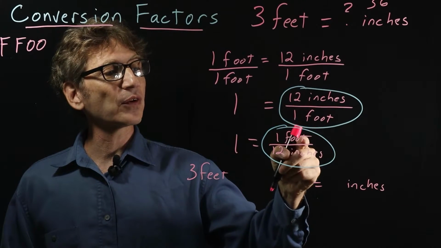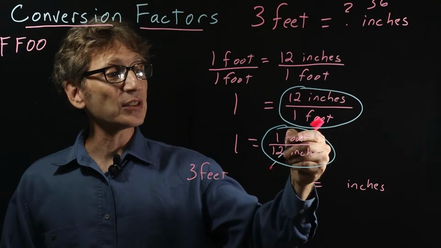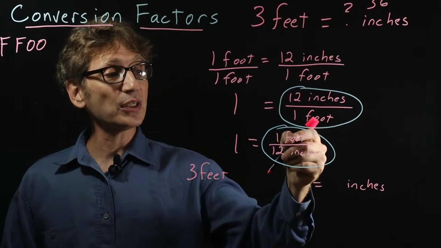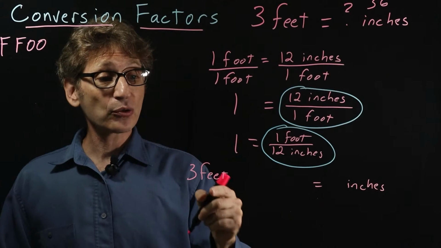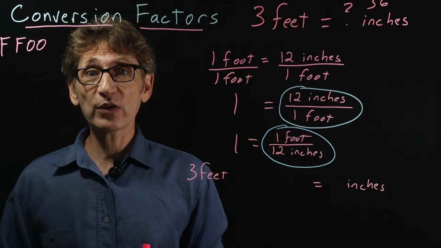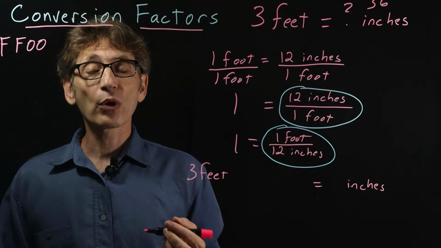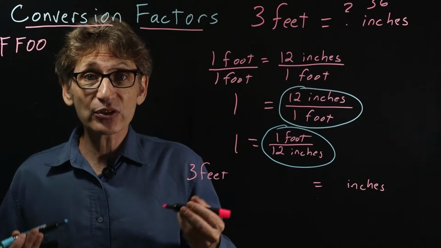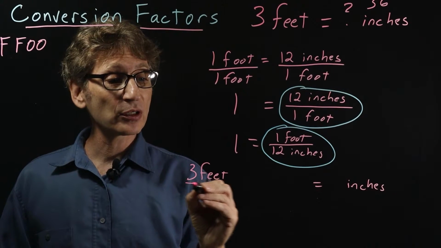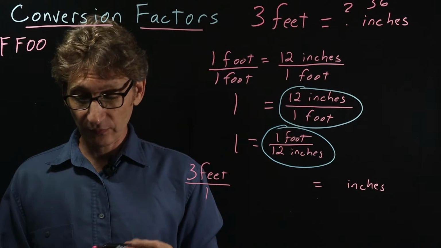And I'm going to use a conversion factor, conversion to change units, and I see that I have 2 different units in each of these conversion factors. Factor means multiply. So I'm going to be multiplying 3 feet by a conversion factor. We're going to start by turning 3 feet into a fraction. I can simply turn anything into a fraction by putting it over 1. So 3 feet over 1.